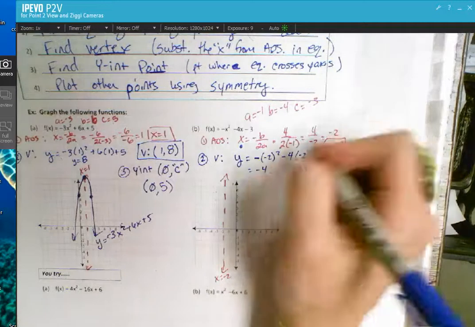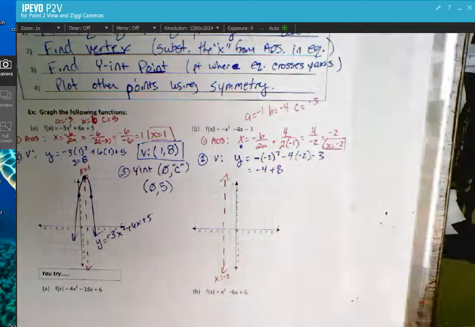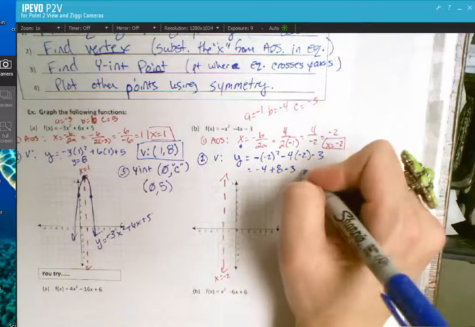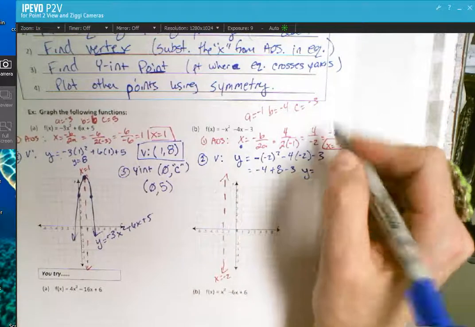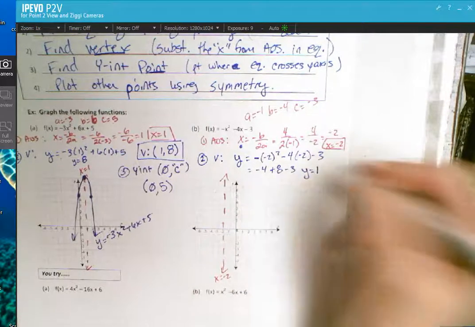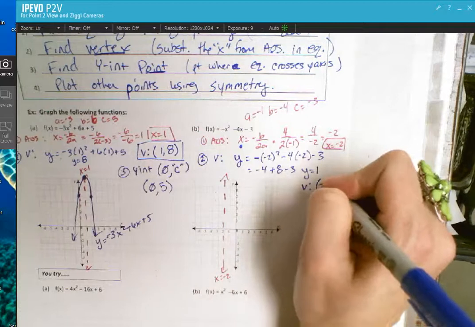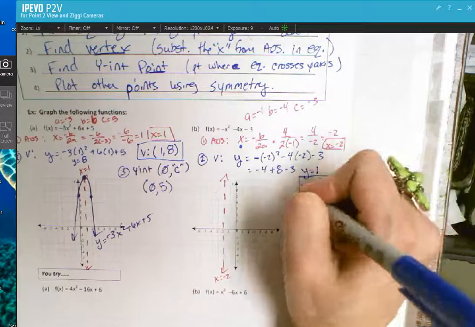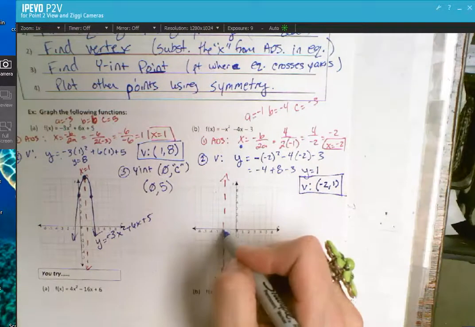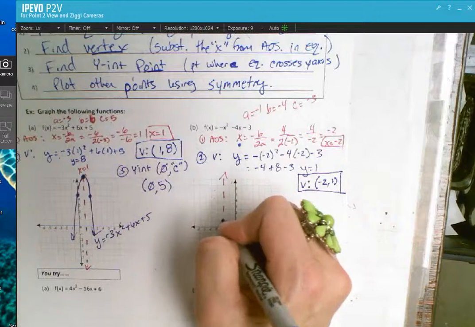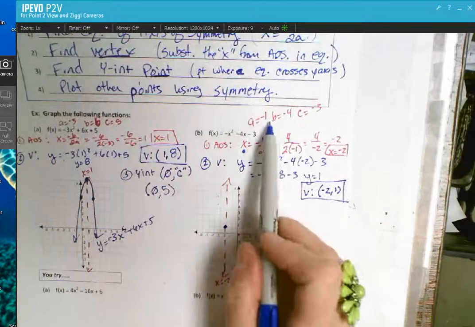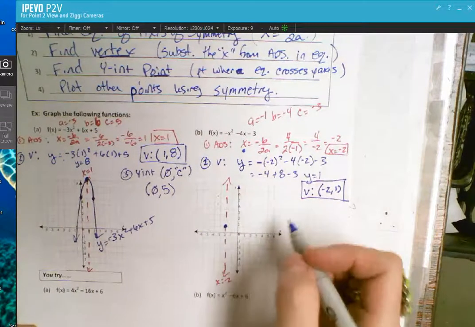Negative 4 times the negative 2, that's a positive 8, and negative 3. So that leads me to y equals 1. The vertex is always a point, negative 2, comma 1. So I go to negative 2 and I go up to 1. I know I have a negative a, so it needs to be a sad downward facing.